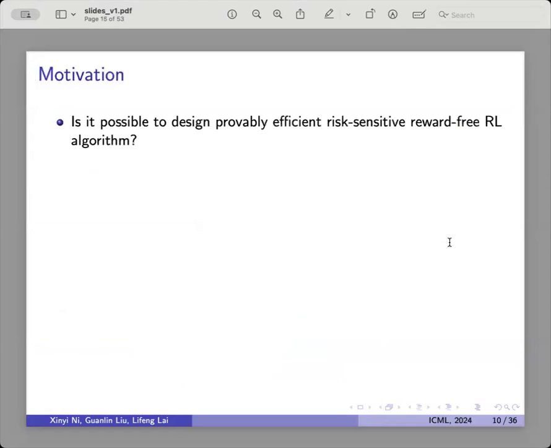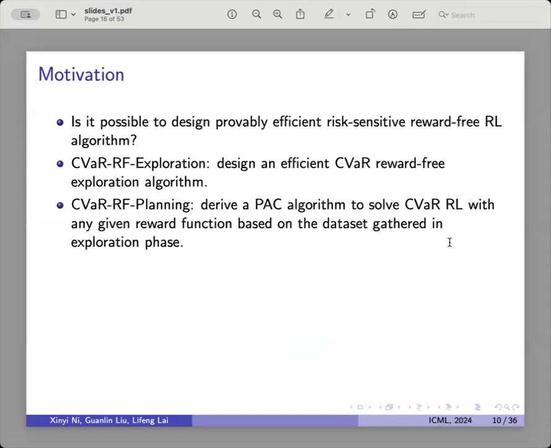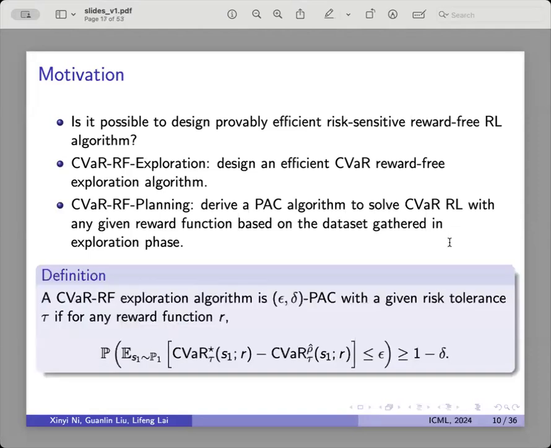The motivation of this work is: is it possible to design provably efficient risk-sensitive reward-free RL algorithms? Our methodology is to adopt the reward-free RL framework to design an efficient CVaR reward-free exploration algorithm, and also use the planning phase to derive a PAC algorithm to solve CVaR with any given reward function based on the dataset.